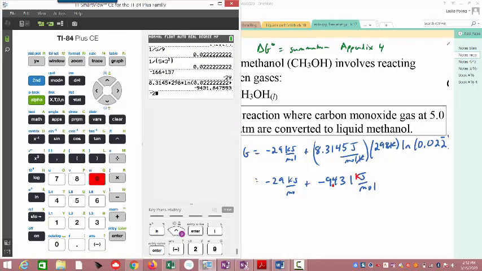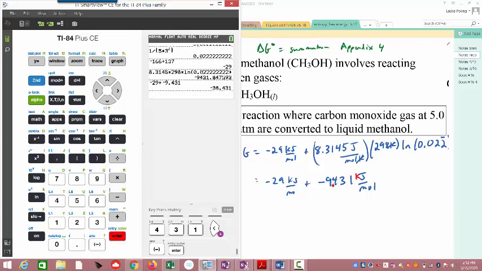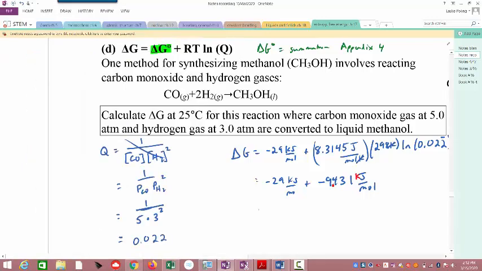So I've got negative 29 plus negative 9.431. There we go. And negative 38. Okay. Now my 9431 that was in joules, I did this to get it to kilojoules.